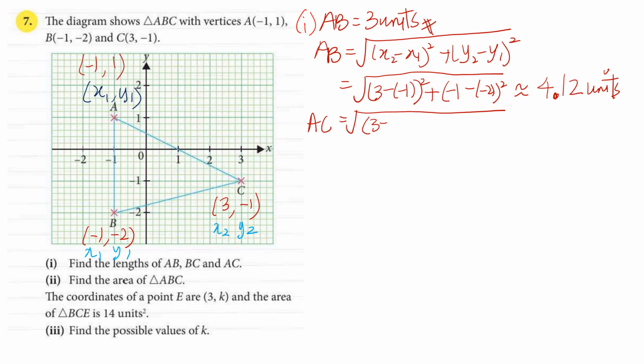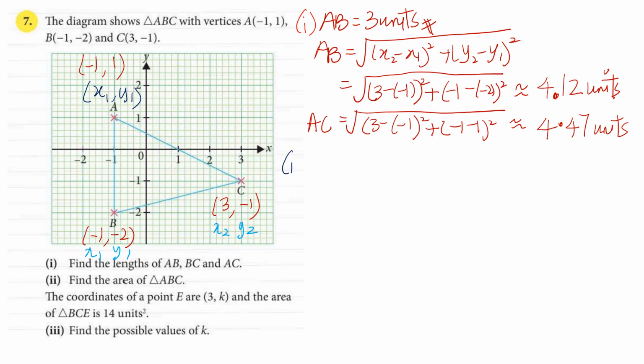So that will be 3 minus bracket -1 squared, then plus the y coordinate, -1 minus 1 squared. You will get 4.47 units. Alright, so this is how you can find part 1, which is relatively straightforward.